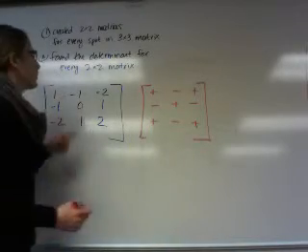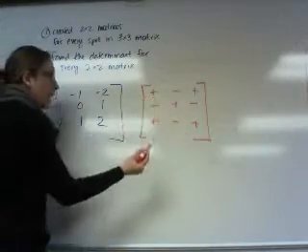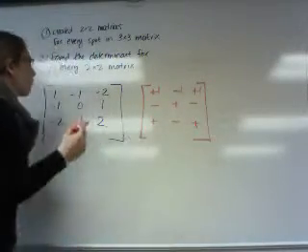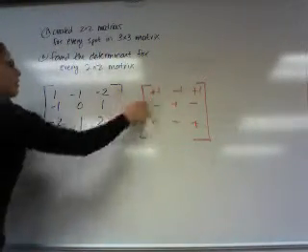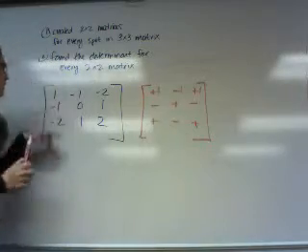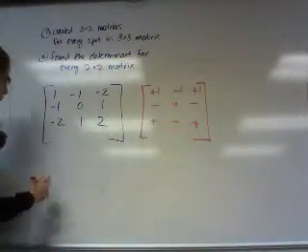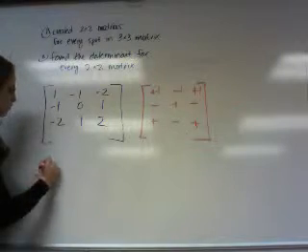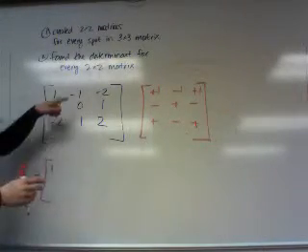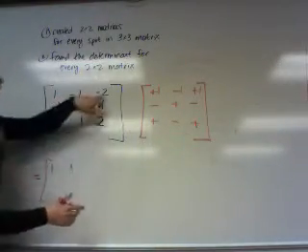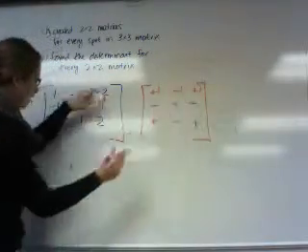What we do now is we literally multiply. We pretend that this is a +1, -1, +1, and we're going to multiply it by all these values in here. So a +1 times a +1 is a +1. A -1 times a -1 is a +1. A -2 times a +1 is still a -2.